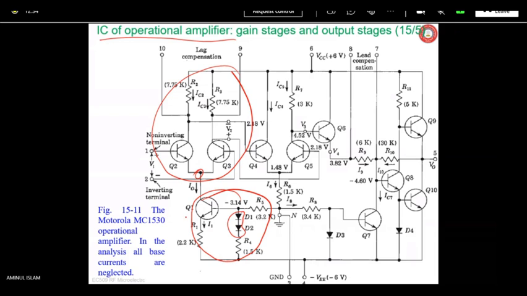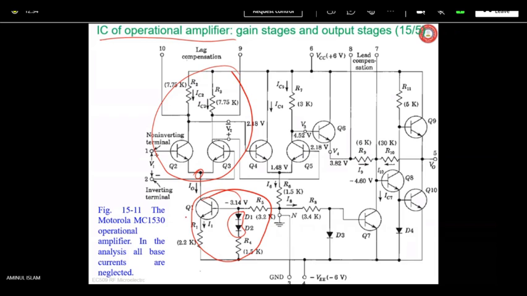Since HFE equals 100, we have seen earlier various tables regarding the H parameters. In that we have already seen that HFE may be equal to 100. For Q2 and Q3, the differential input resistance RID equals 2 HIE, that is 2 times HFE times VT divided by IC.